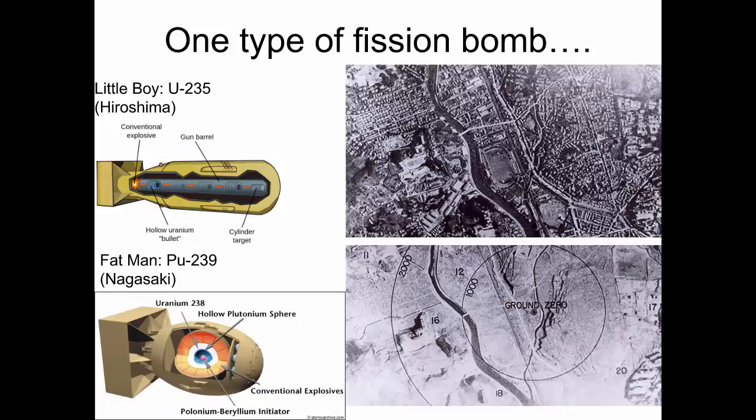So just to give you a concept of how much energy is released, it's a huge amount. This aerial photograph shows the city of Nagasaki. The top one is before detonation of Fat Man. You can see obviously a city, you can see the river.